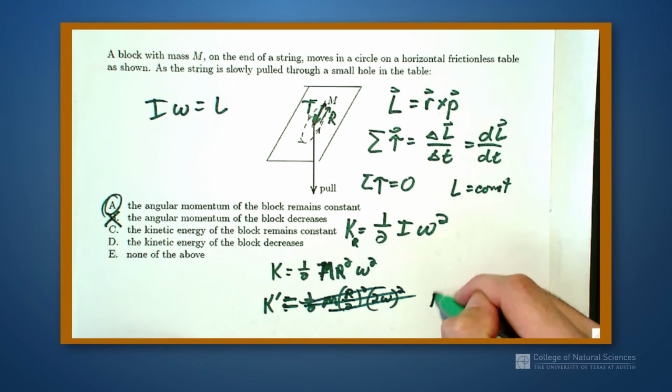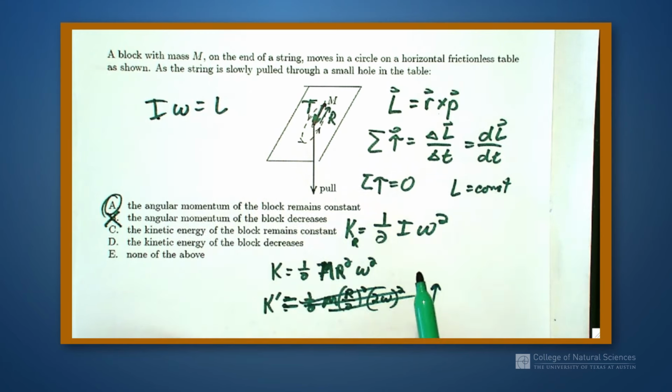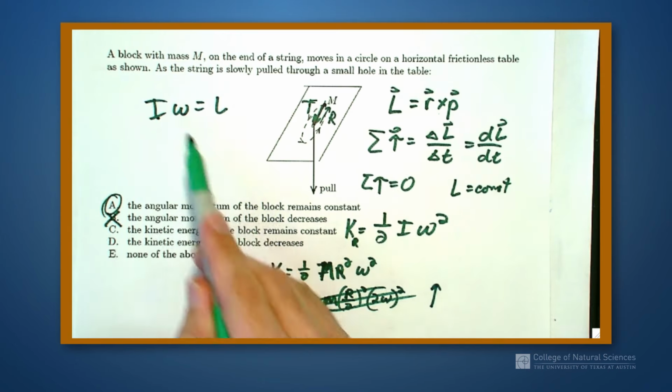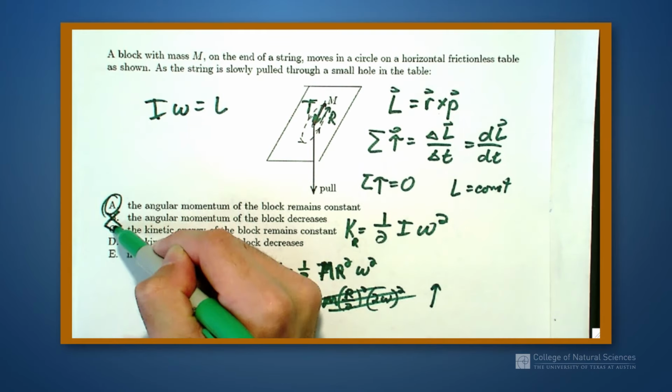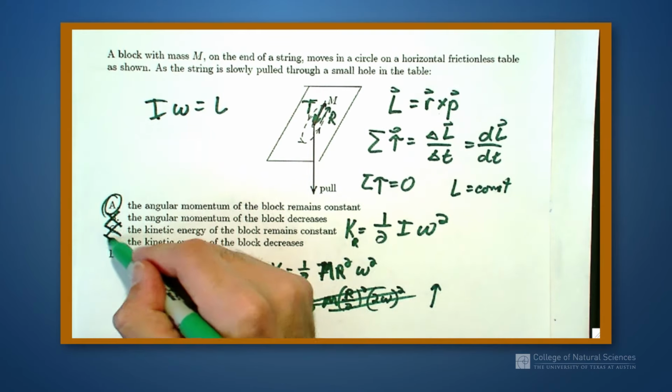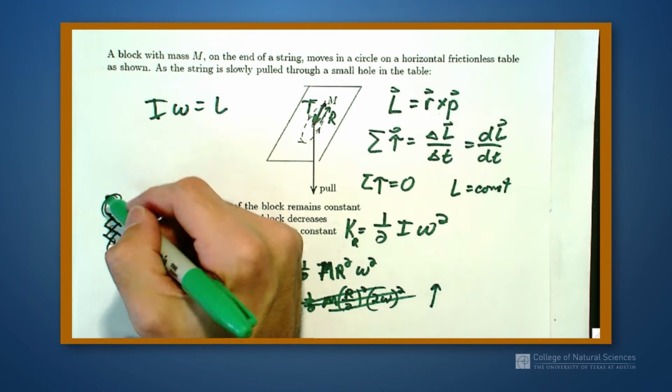My kinetic energy is actually going to increase because as I decreases, omega will increase, but my omega increases at a different rate than what I changes at. So what's going to happen is I'm not going to keep the same kinetic energy. The kinetic energy is actually going to increase in this case.